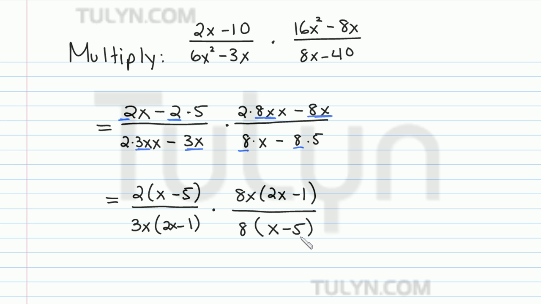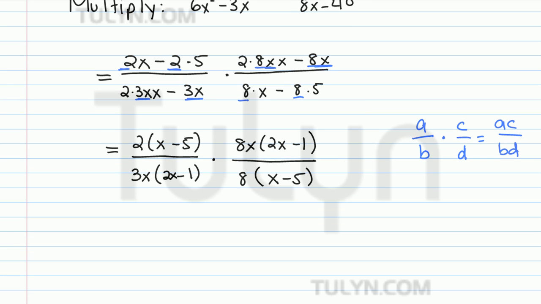So now we can actually perform the operation. And remember, multiplying two rational expressions is just like multiplying two fractions, where if you have a over b times c over d, the result is just the product of the numerators over the product of the denominators. So keeping that in mind, we can just multiply these all together.